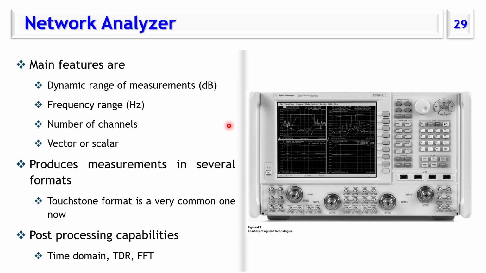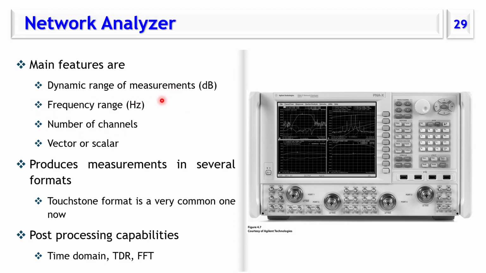The main features of a network analyzer are its dynamic range, which is the ratio between the maximum signal it can measure and the minimum signal it can measure. Of course the maximum signal it can measure in dB is 0 dB, but I'm talking about the absolute power that can be measured, and the dynamic range, the ratio between the maximum and the minimum.